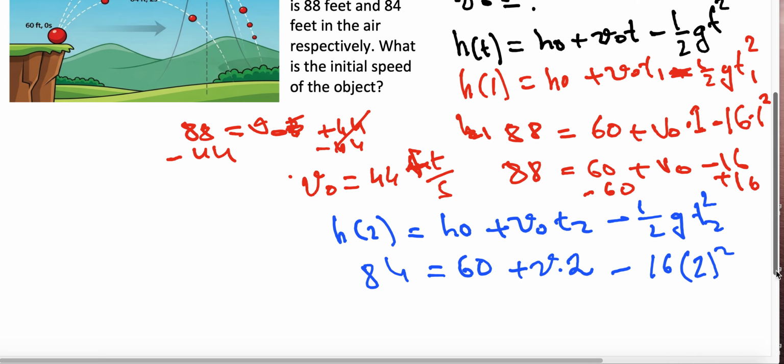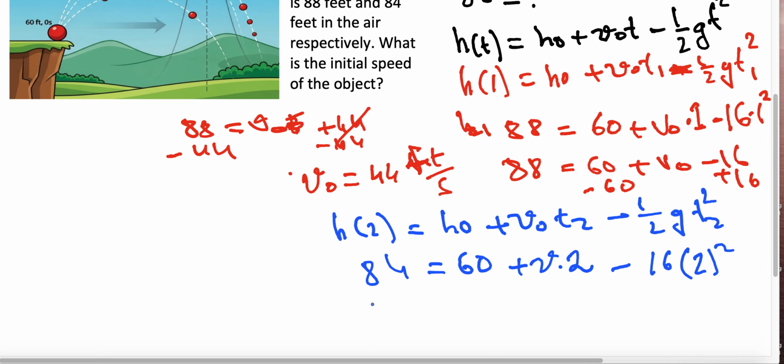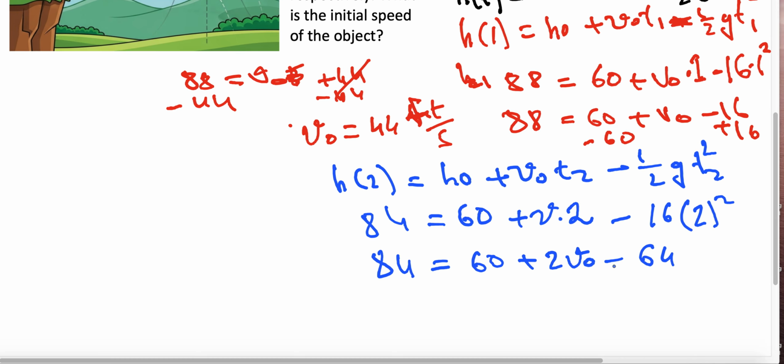Okay, so I just want to make sure, again, we are going to find out the same velocity. 60 plus 2v0 minus, and 2 squared is 4, times 16 is minus 64. So 60 minus 64 is minus 4. So 84 is equal to the minus 4 plus 2v0.